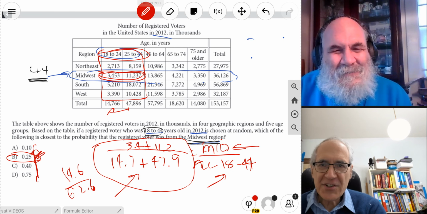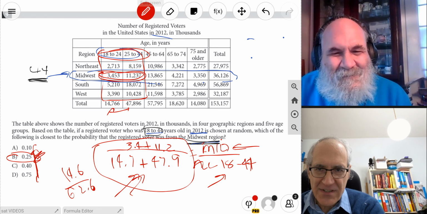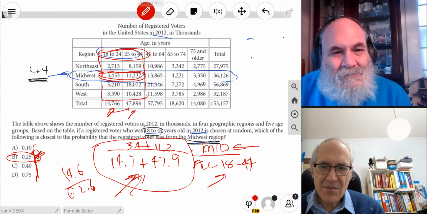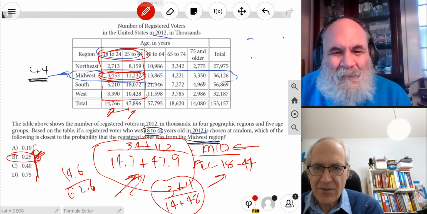I hope people understood the little trick here, that you don't have to write down every single number, and you can put these in thousands, 14.7 thousand and 47.9 thousand. Makes it a little easier. You probably could have even just done 3 plus 11 divided by 14 plus 48. That would have done it also, right?